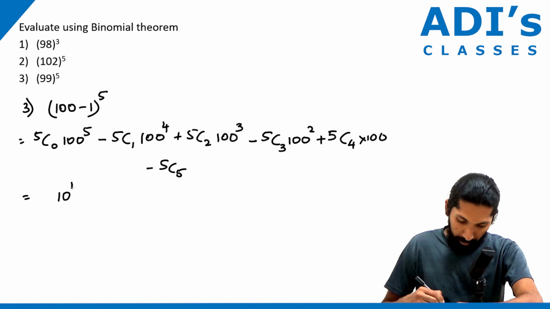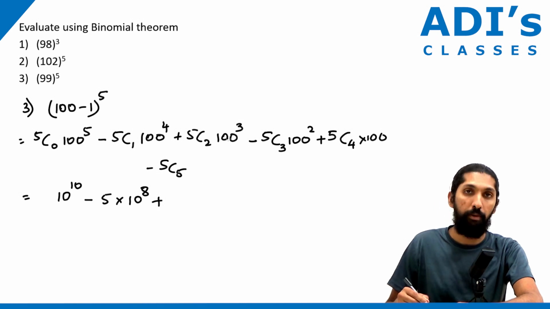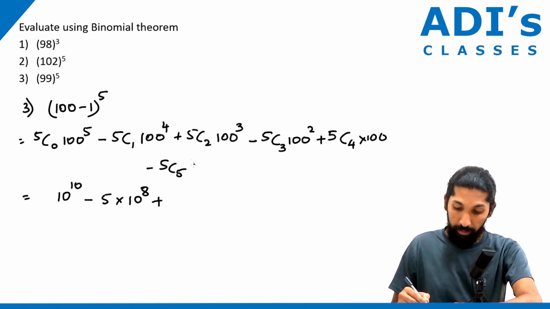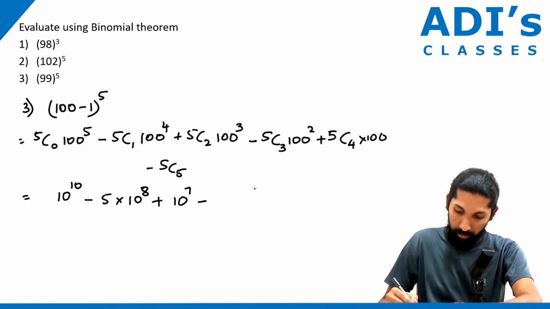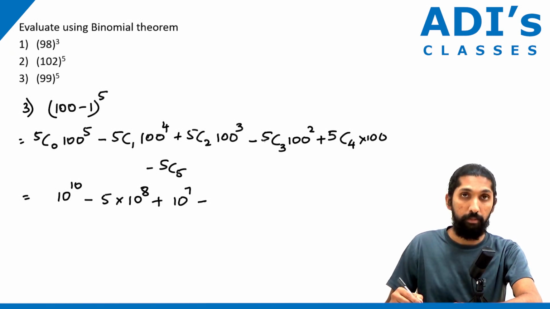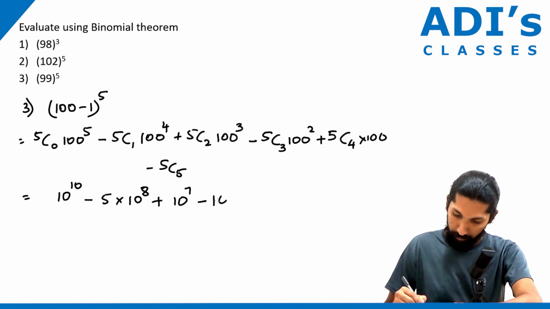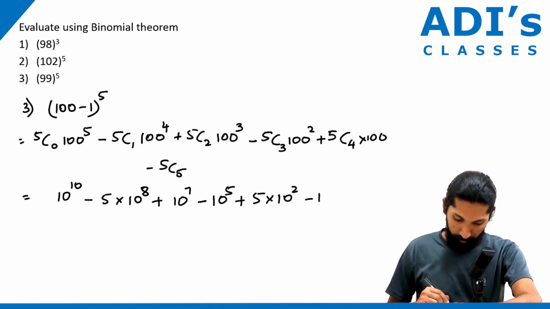So 10 power 10 minus 5 into 10 to the power of 8 plus 10 power 6. 5c2 is how much? 10, right? So 10 into 10 power 6 is 10 power 7 minus 10 to the power of 4 into 10, 10 to the power of 5, plus 5 into 10 square minus 1.